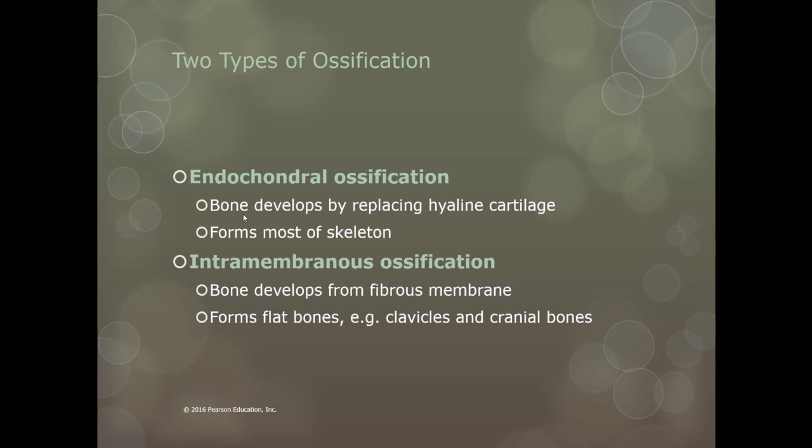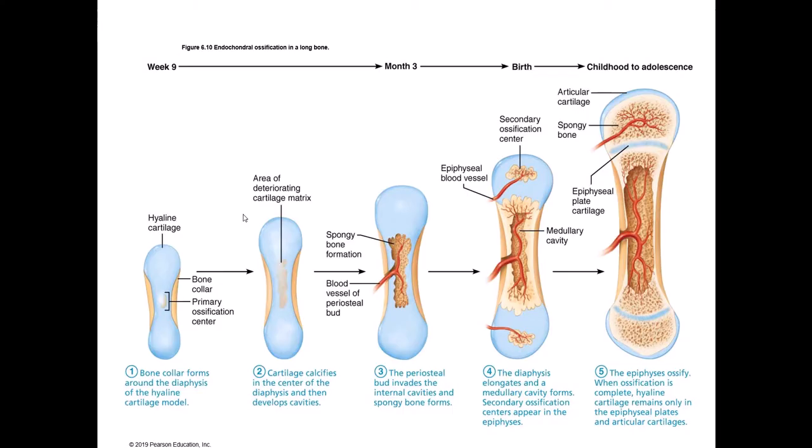And those little cartilage models are then replaced by bony tissue. Now the flat bones, the clavicles, the cranial bones, develop through intramembranous ossification, so intra, within; membranous, within membranes. So these bones develop not by replacing hyaline cartilage models, but within some kind of fibrous, mesenchymal membrane tissue. So let's look at endochondral ossification first.